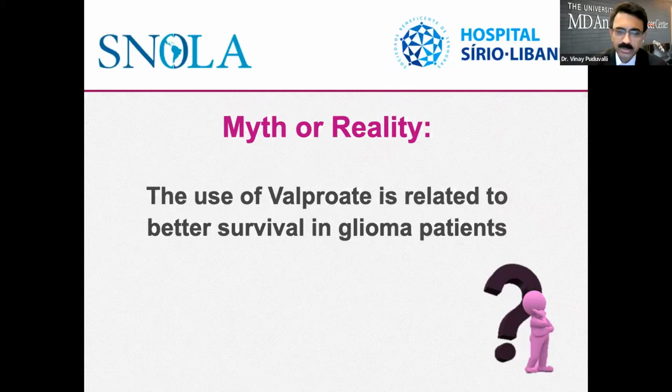Yeah, so the whole idea of valproate as improving survival is because of its potential anti-tumor effect. The anti-tumor effect is supposed to come from its histone deacetylase inhibition potential as a mechanism of reducing tumor growth and inducing tumor kill. The only challenge is that the typical doses we use for anti-seizure prophylaxis or seizure treatment are not enough to inhibit histone deacetylase.